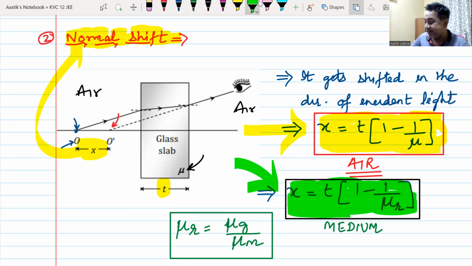Do we understand the difference? Yes or no? Have you noted down the formula, sir?